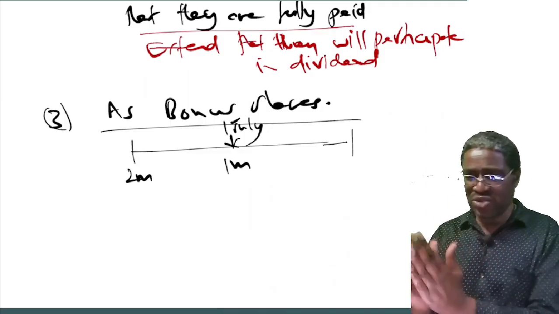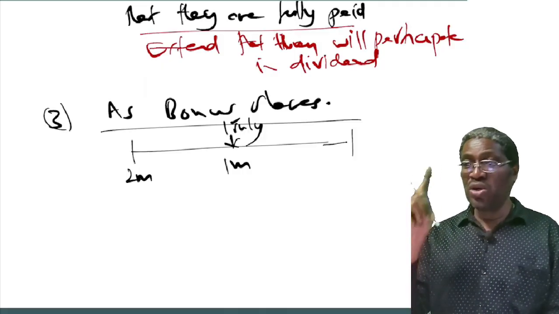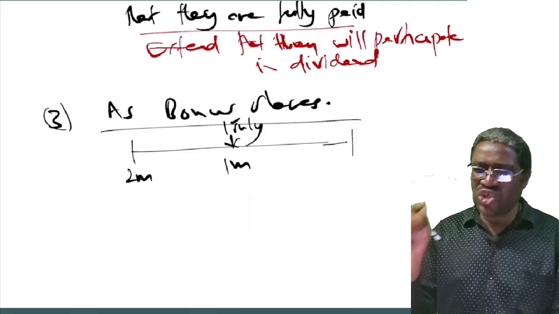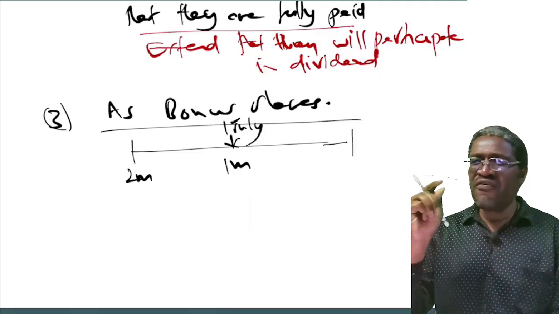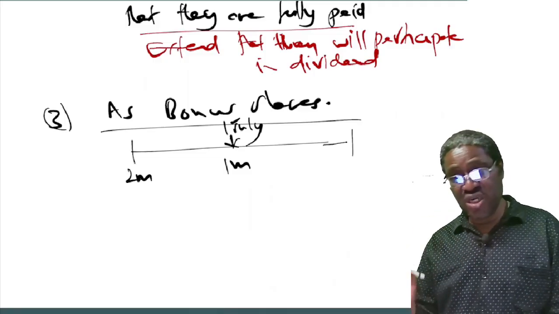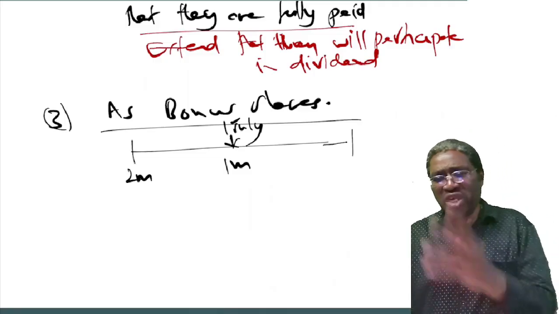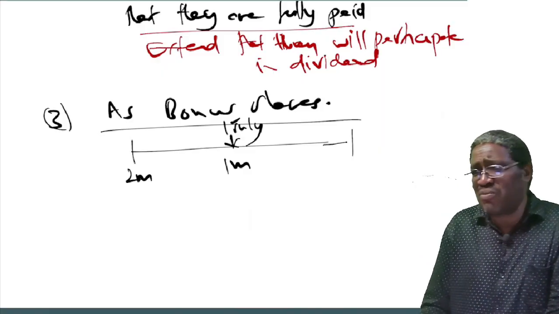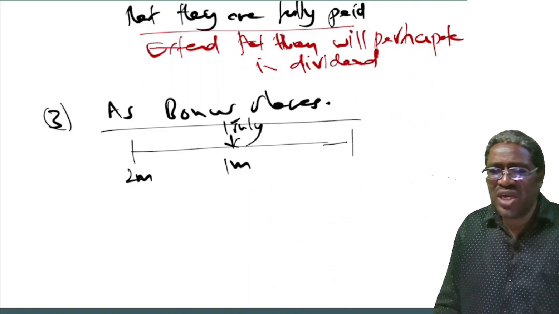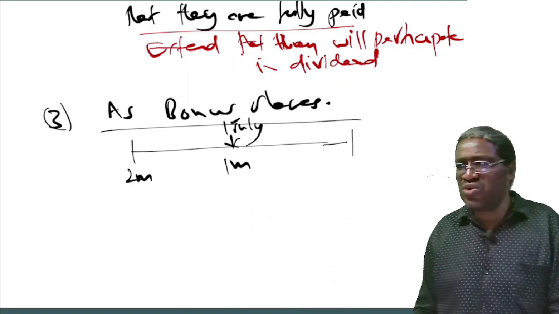I told you bonus shares are extra shares given to existing shareholders free of charge. So we gave them another 1 million shares free of charge. That's why I'm not writing 20 bob, because we are giving them for free. They are not paying anything on 1st of July.